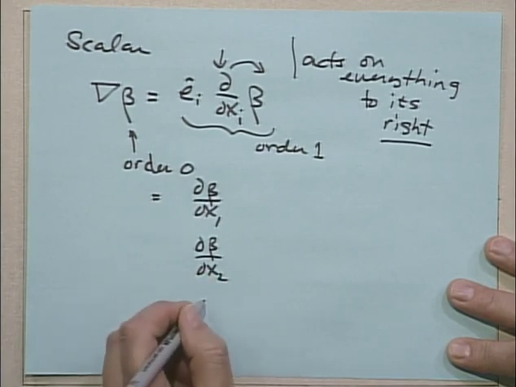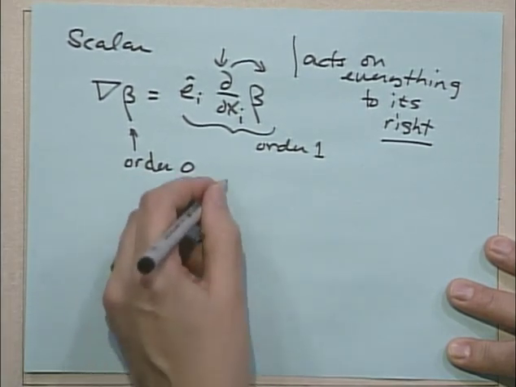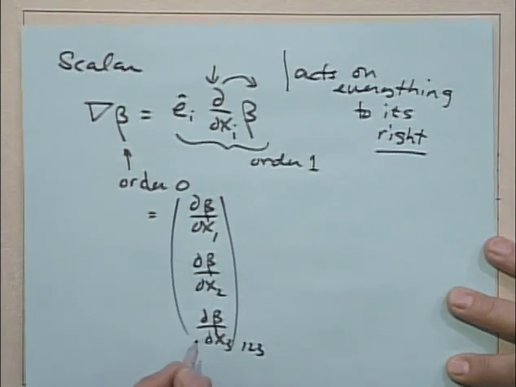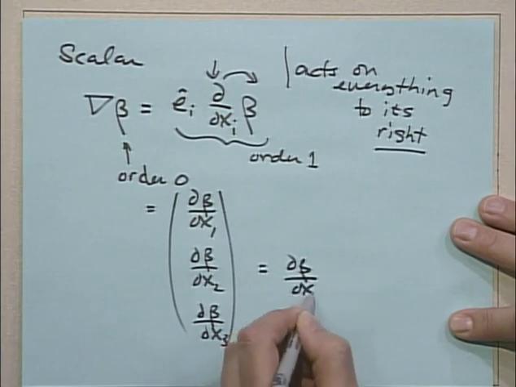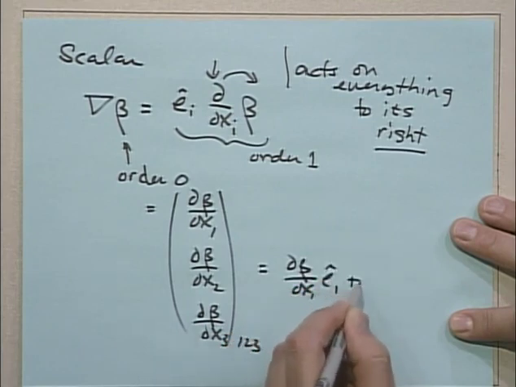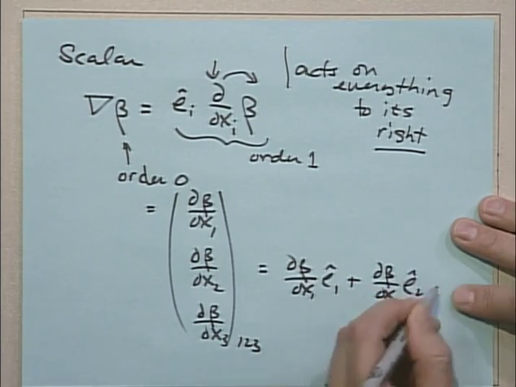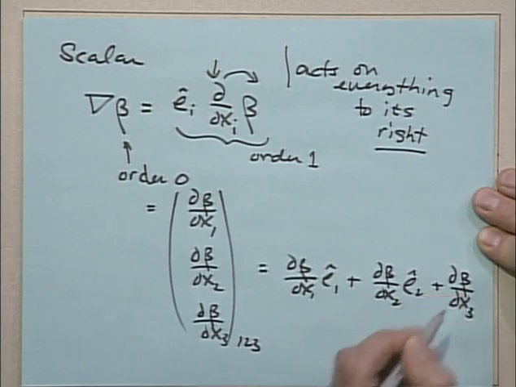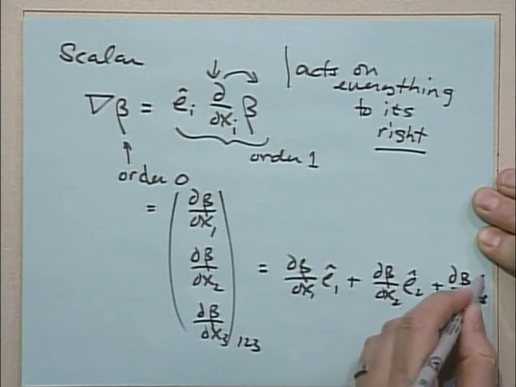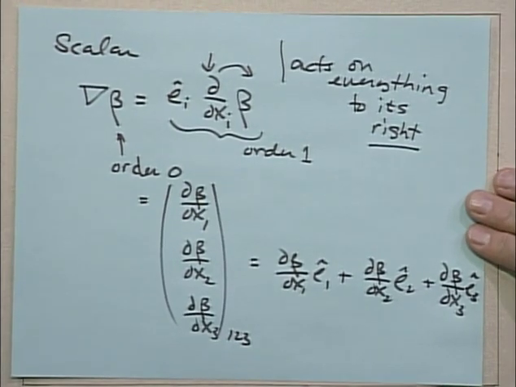It has a 3 component, d beta dx3. Or we could have written it as d beta dx1 e1 plus d beta dx2 e2 plus d beta dx3 e3. Either way, that's how we write a vector.